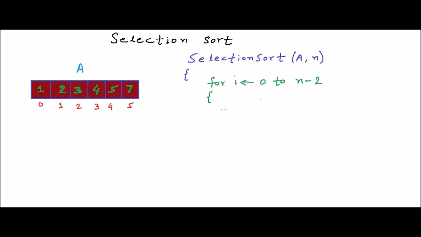Now inside this for loop we will have another variable that will store the index of the minimum element. For ith element, to find the minimum, we will scan the array from i till n-1.